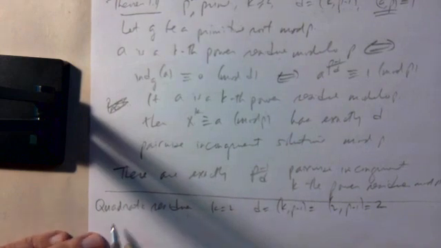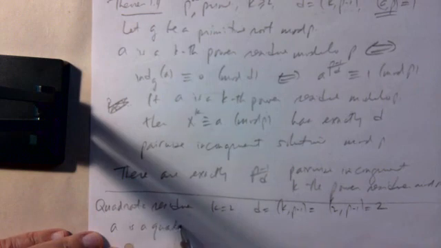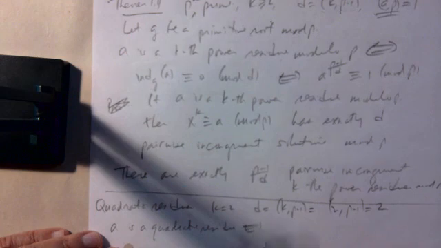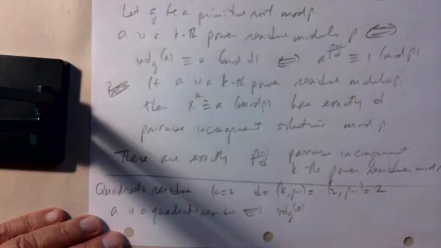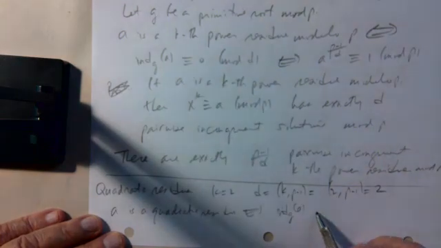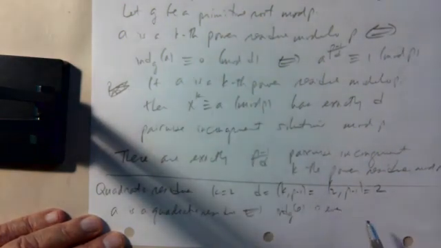So this says that A is a quadratic residue if and only if the index of A with respect to a primitive root is divisible by 2, is even.